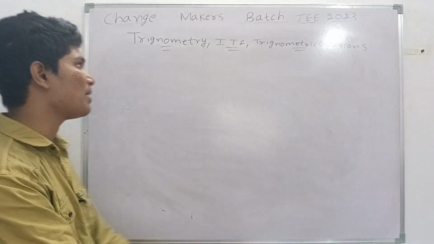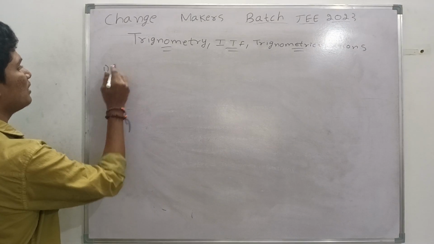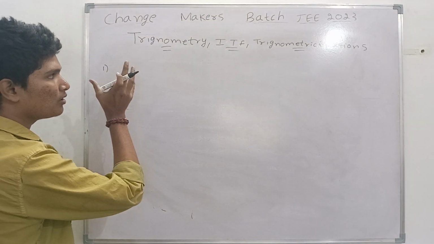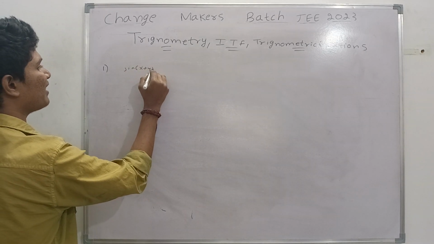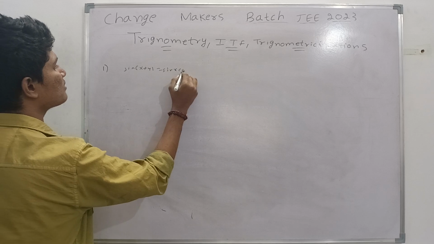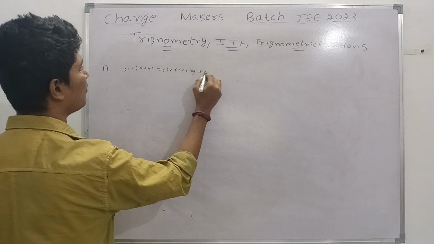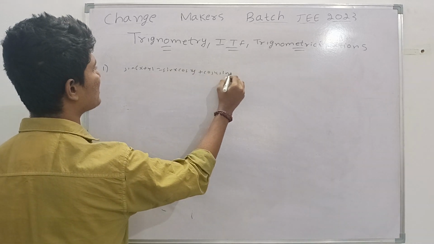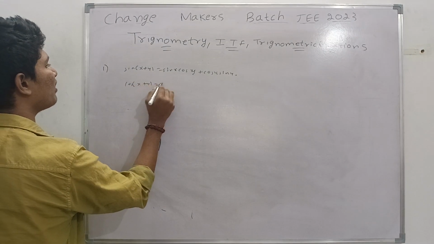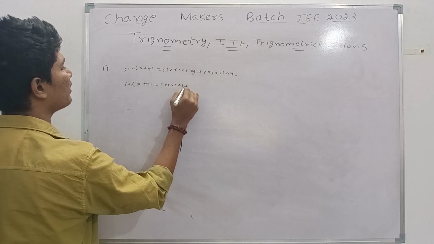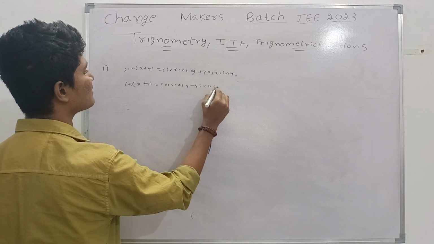Basically the trigonometric formulas, for the first division, that is the angle sum and difference property: sin of x plus y equals sin x cos y plus cos x sin y. This is the formula for sin of x plus y. You already know that. Cos of x plus y equals cos x cos y minus sin x sin y.